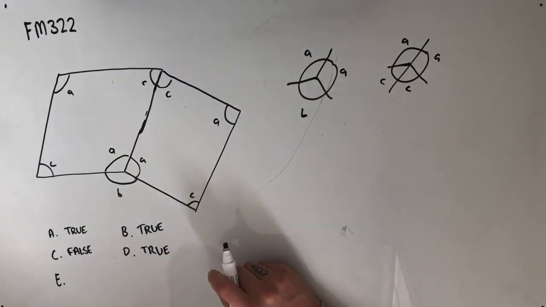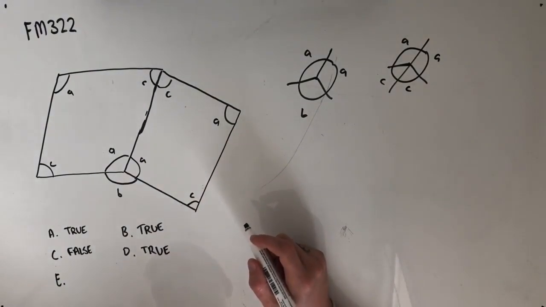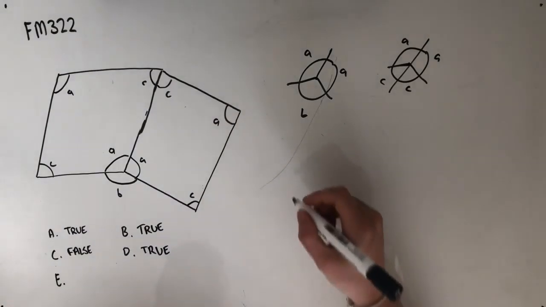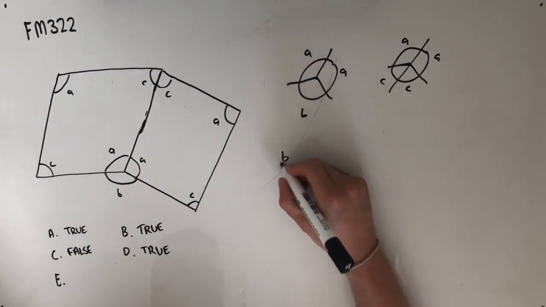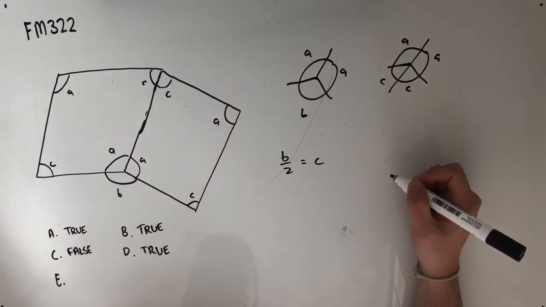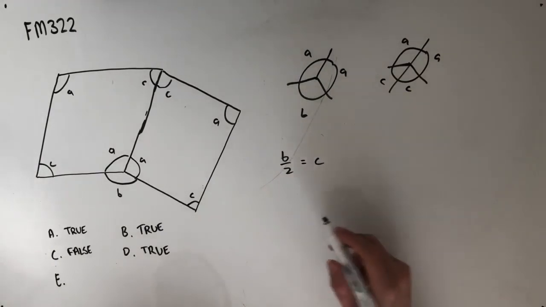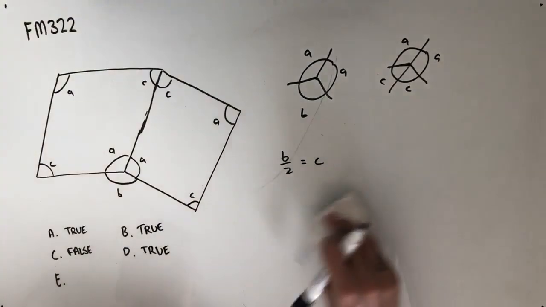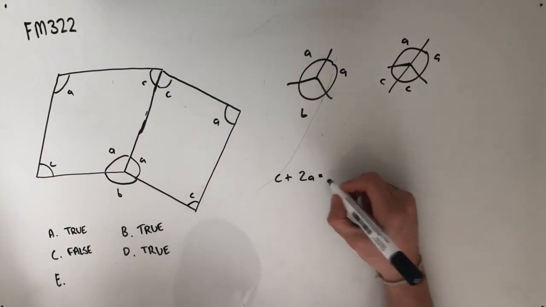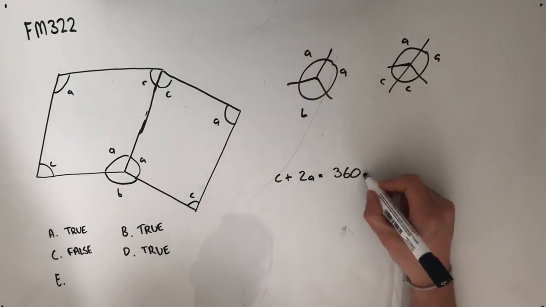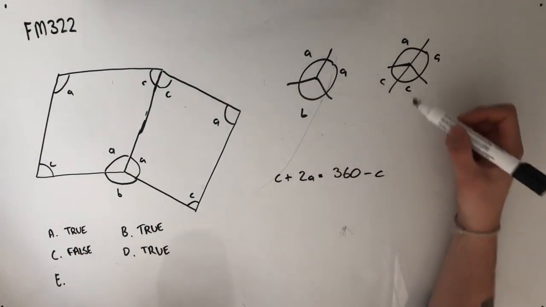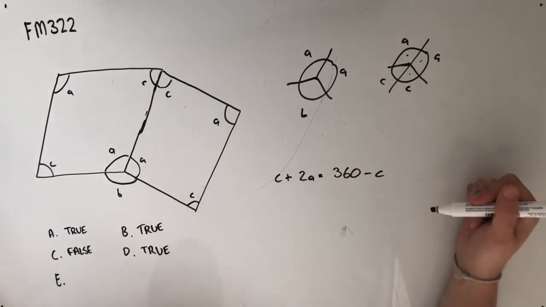Option E says that B over 2 plus 2A should be equal to 360 degrees. This is a very tricky looking one, but when we break it down, B over 2 is just C. So to make this expression a little bit easier to navigate, we could say that instead of B over 2 plus 2A is equal to 360 minus C, we could say that C plus 2A is equal to 360 minus C. If we had C plus 2A, we might have these three portions like that.